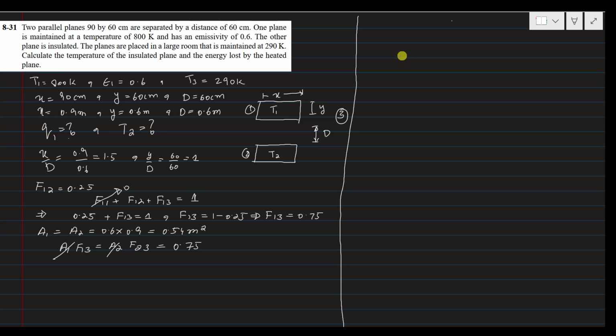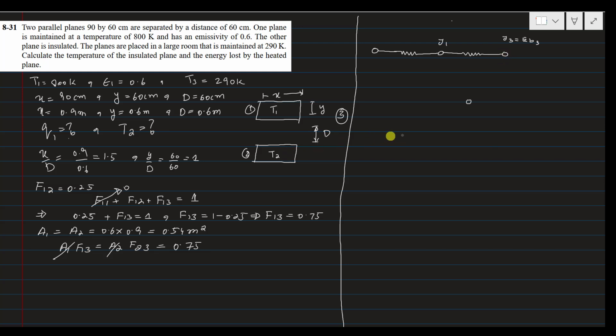Now I am writing the resistance network diagram for this problem 8.31. So this is, let's say, the emissivity of the heated plane, then its surface resistance, then its radiosity J1, then the space resistance, then heat loss to the room J3, and J3 is equal to Eb3 because it is very large in area, so its surface resistance is considered to be 0.